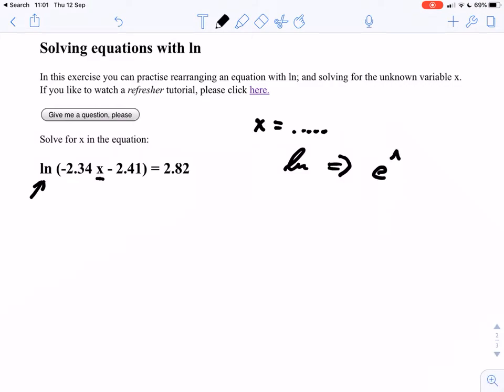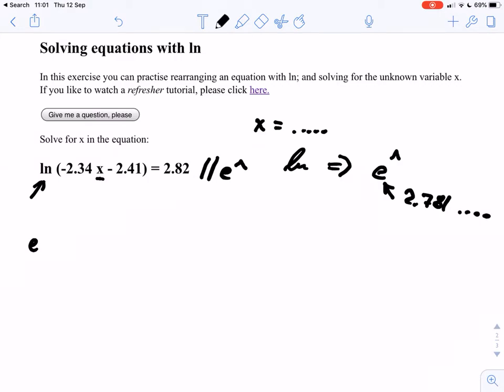So what does that mean? In order to get rid of or neutralize ln, we take both sides of the equation e to the power of. So that gives us e, and remember e is a really weird number, 2.781 something something something.